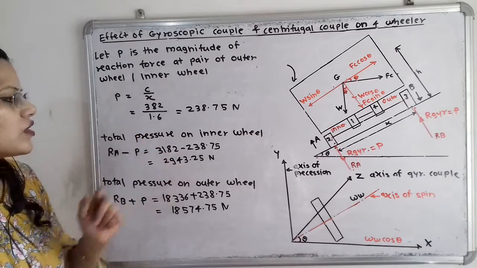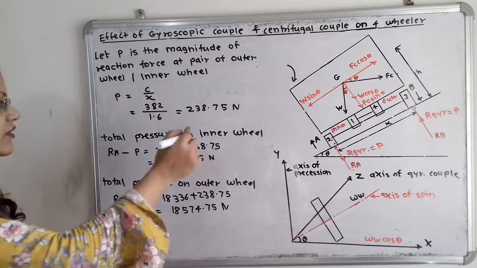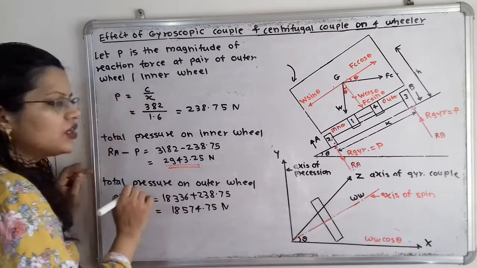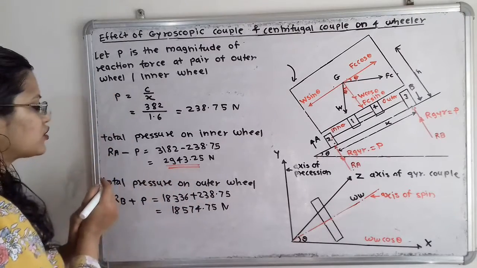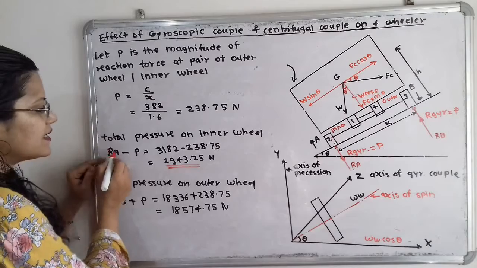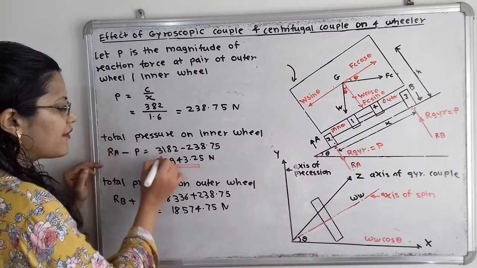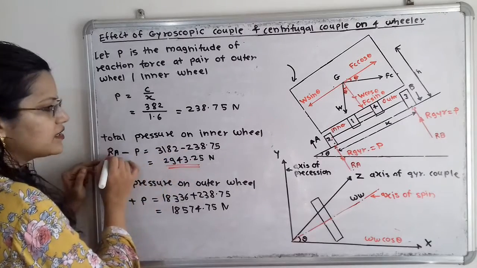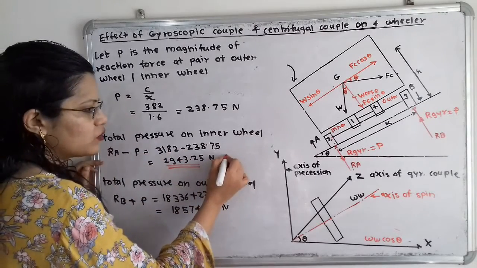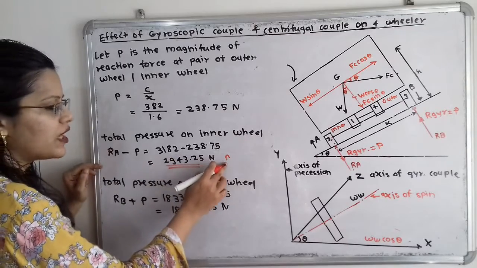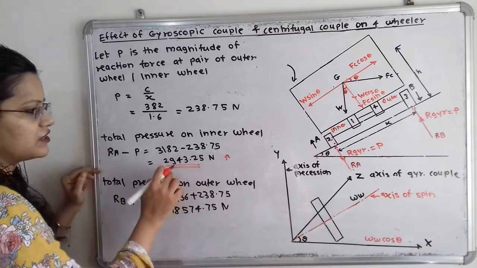So this is the total pressure on the inner wheel. Now what is the direction of this reaction force? This RA is in the upward direction, and it has more magnitude, so the total reaction force will also be in the upward direction.